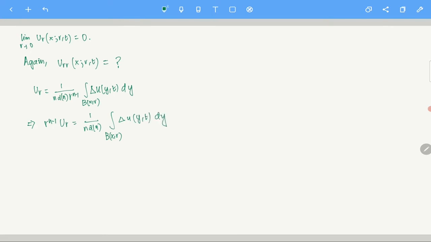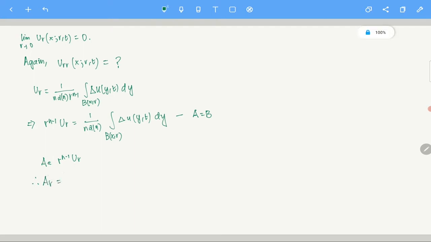Clear? Once that is there, let's call this thing A. A is r to the power n minus 1 u_r. Therefore A_r, what is A_r?